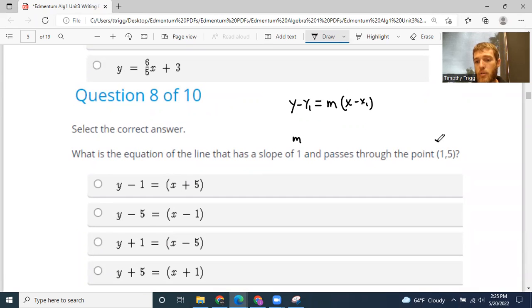You get your x coordinate and your y coordinate from the point here. So what's our x sub 1 is 1. Our y sub 1 is 5. And our m is 1.